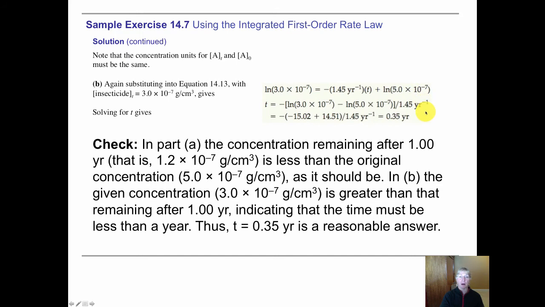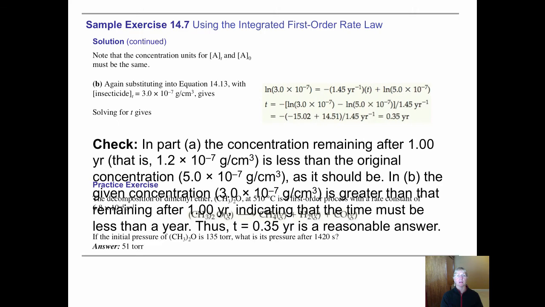This time when you solve and complete your answer, you'll get an answer in years. And if you look carefully at this, I think here it becomes year to the -1. And then since it's in the denominator of this value here, that becomes just years. So again, you can use these in very useful contexts.